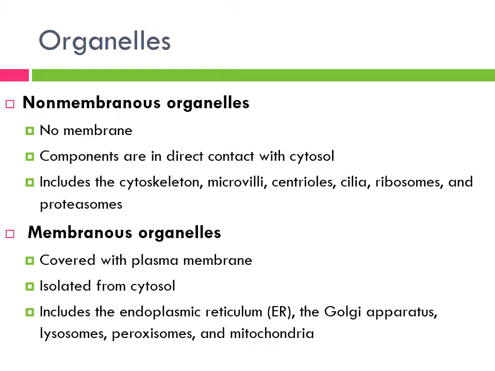Membranous organelles are covered with their own plasma membrane that isolates them from the cytosol, and this includes the endoplasmic reticulum, the Golgi apparatus, lysosomes, peroxisomes, and mitochondria. Our organelles are responsible for performing most of the tasks required to keep a cell alive and functioning.